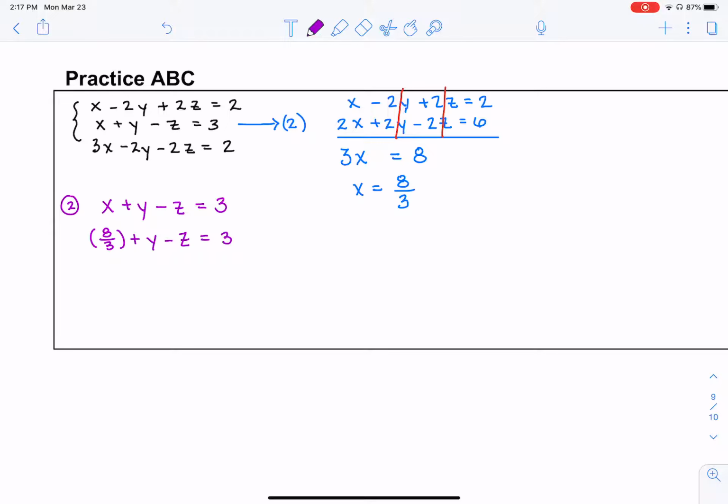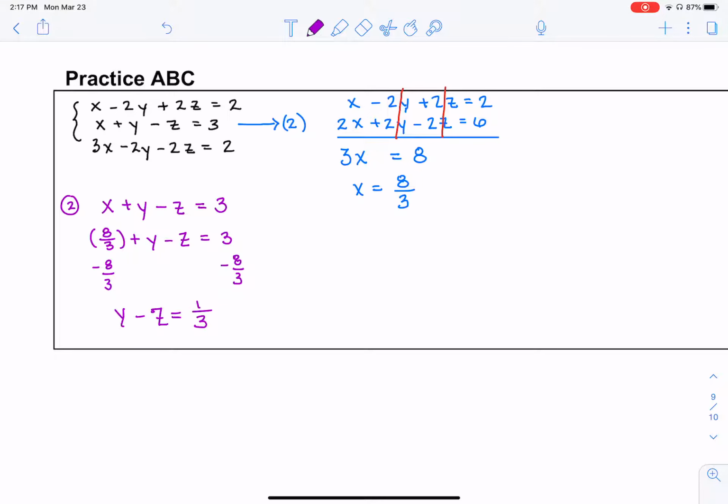And I'm going to solve by bringing the 8/3 over to the right side. In other words, I'm subtracting 8/3 from both sides. And if you're not feeling real savvy with your fractions, I'm going to get you started here. Y minus z equals 3 minus 8/3. That's actually going to come out to 9/3 minus 8/3, which is 1/3. Okay, so we didn't solve anything. We just kind of rearranged some.